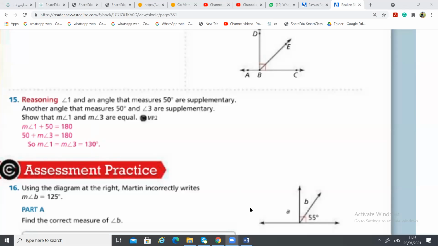Angle 1 equals 180 minus 50. So what do I get? I got 130. Same way, angle 3 equals 180 minus 50. Even that you got as 130. So both are equal. That's why they show that both are equal.